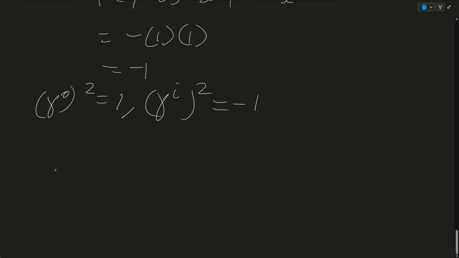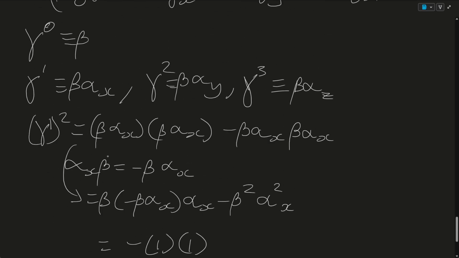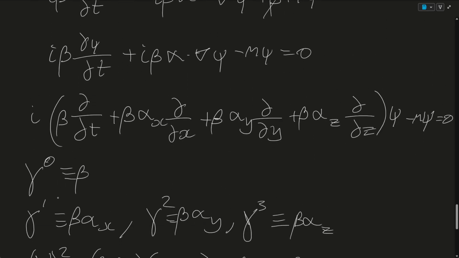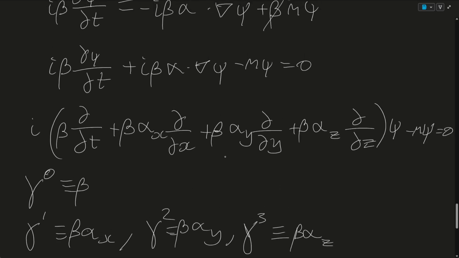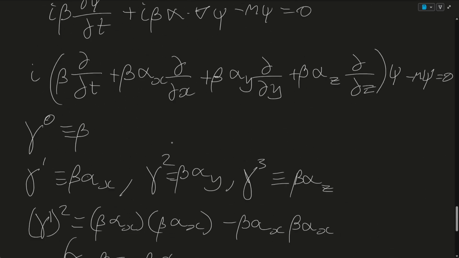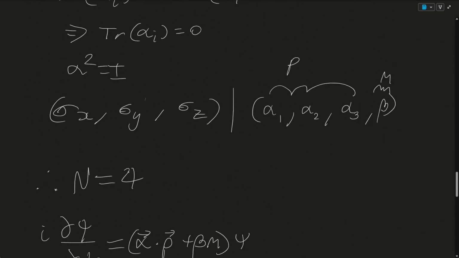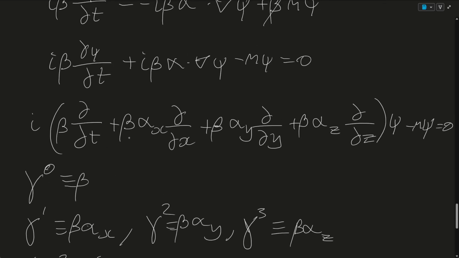So we can sub these in, because the 0th gamma is just our beta. Hence the other ones, beta alpha x, beta alpha y, and beta alpha z, must be our other coefficients, which we wrote in the equation here.